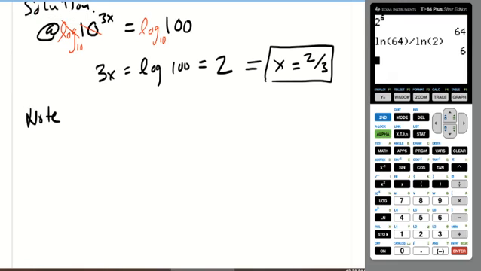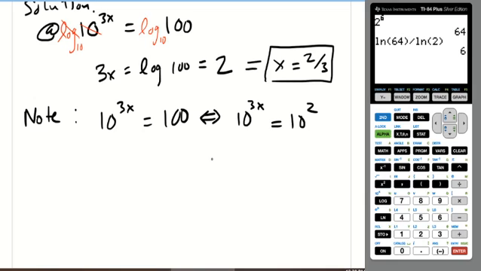I could have rewritten 10 to the 3x equals 100 in this form: 10 to some power equals 10 to some other power. And that means that the powers must be equal. We saw that when we took logarithms of both sides up here. So you arrive at the same answer.